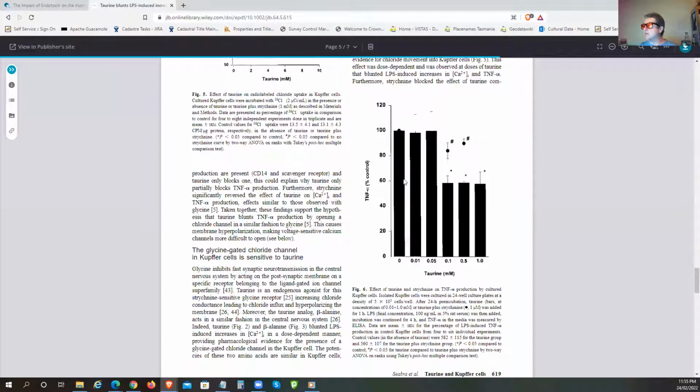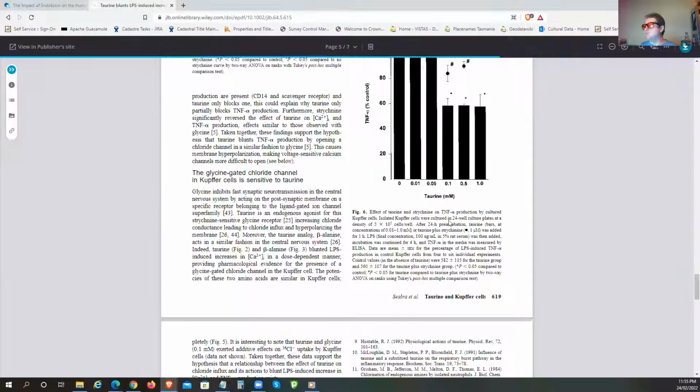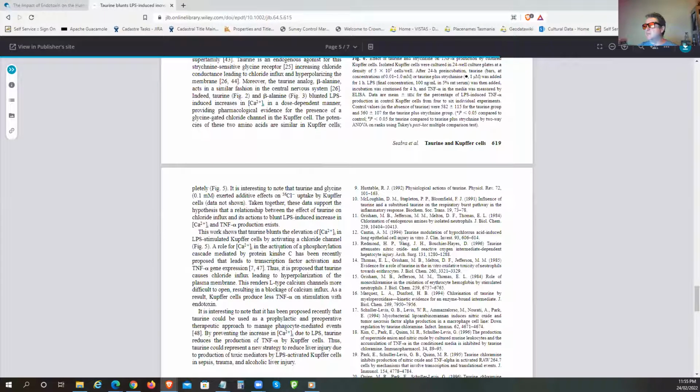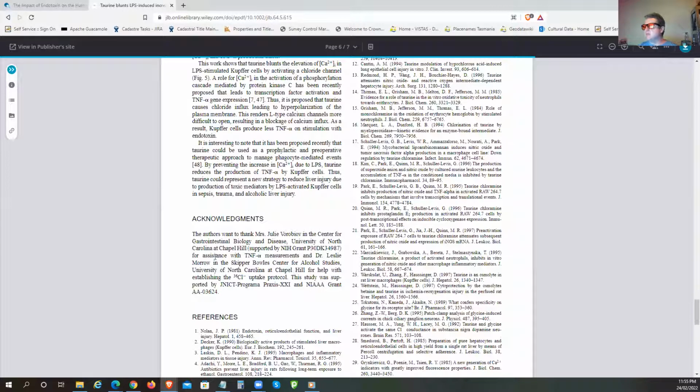Tumor necrosis factor, so taking more and reducing it further. At a certain point, there's not as much. These authors acknowledge the help of some of these others.